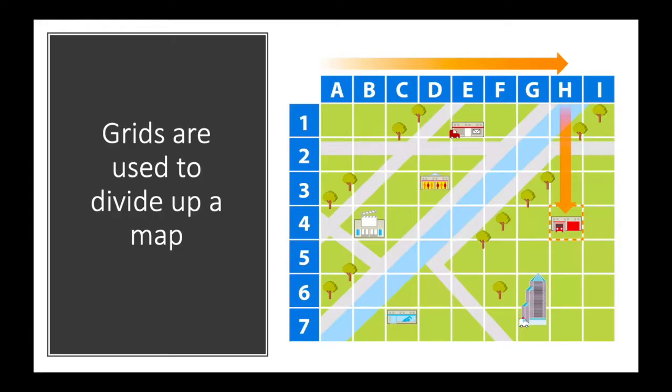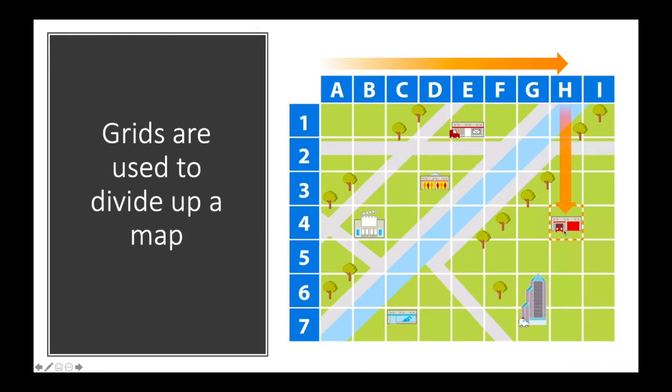Okay, so basically grids are things that we put over the top of a map that then tell us where things are. Now, you may have already done this sort of thing. So here we've got letters across the top and then numbers down the side. So we could call these columns, and what we call rows going across.